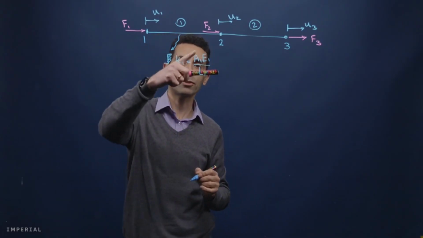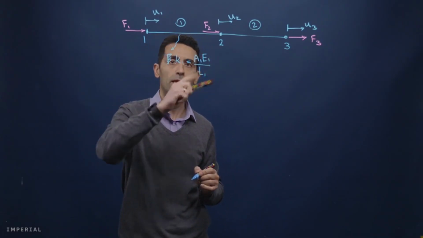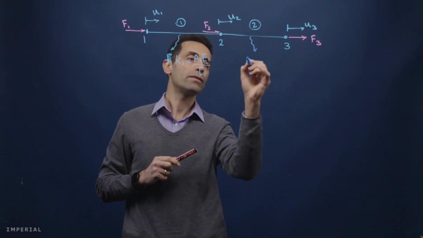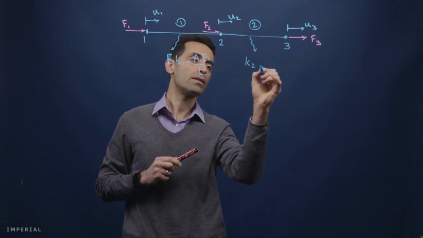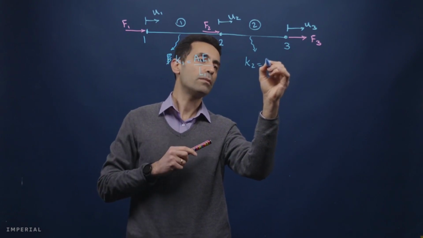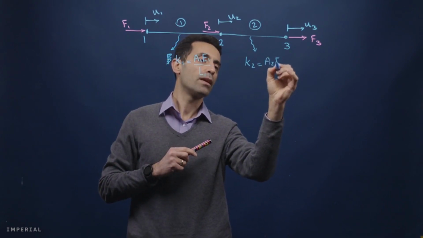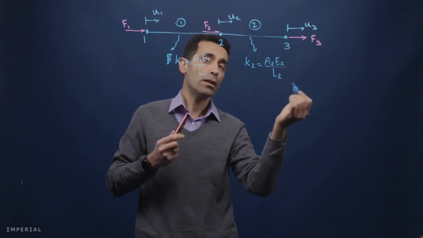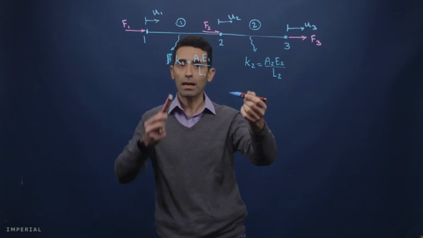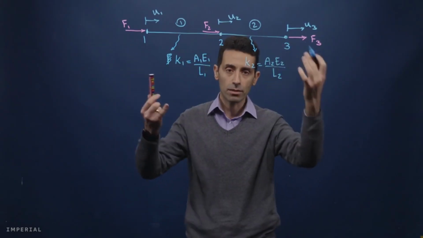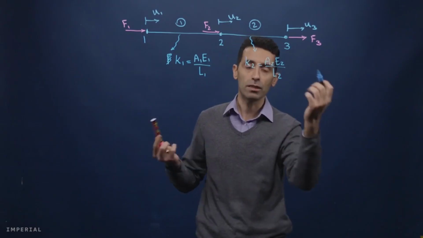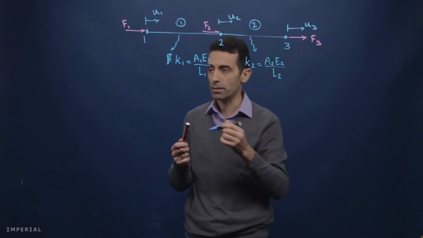Okay, so cross-sectional area, Young's modulus, and length. And for the other element, we have K2. That is the stiffness that is defined by cross-sectional area, elastic modulus, and length. And well, you can see here that two elements can have different lengths, they can have different cross-sectional area, even they can be made of different materials. So you can see E1 and E2, like steel and aluminium, for instance.